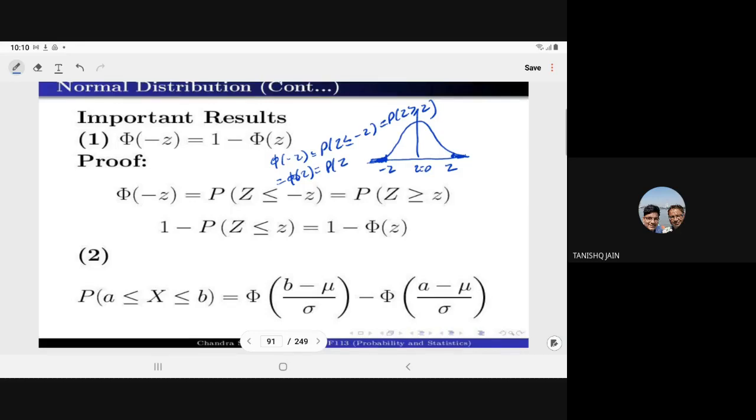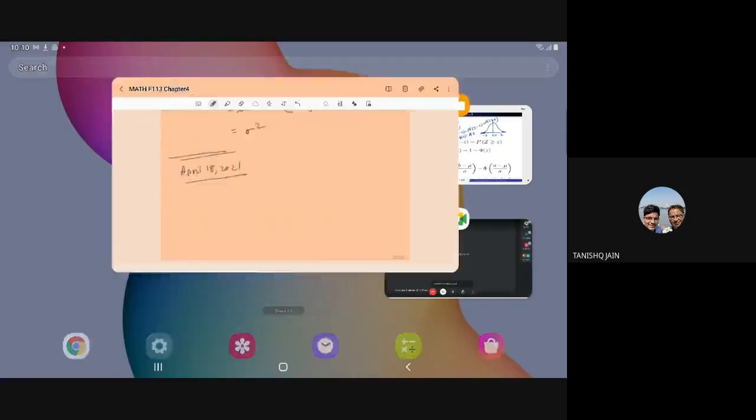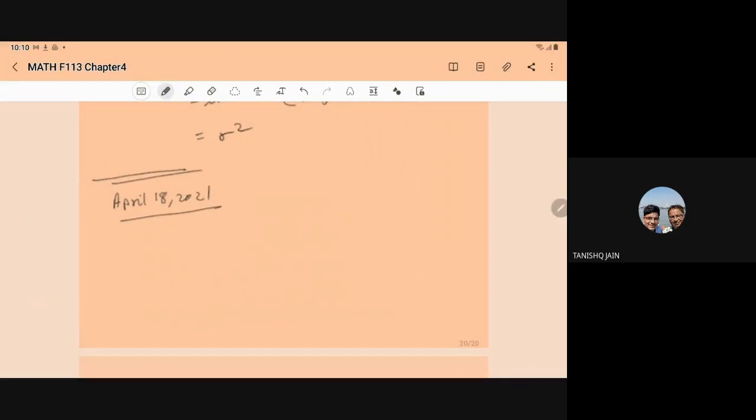So the both side areas, what I am telling here: probability of Z less than minus z is equal to probability Z greater than z, because the graph is symmetric. Whatever the area on this side, the same area we have on this side. Here we have the minus z, here we have the plus z. Clear this part?